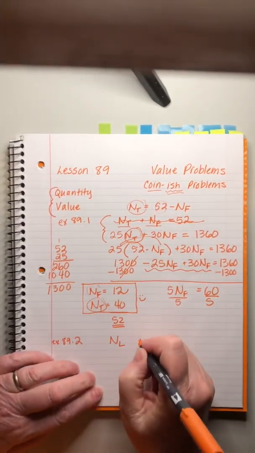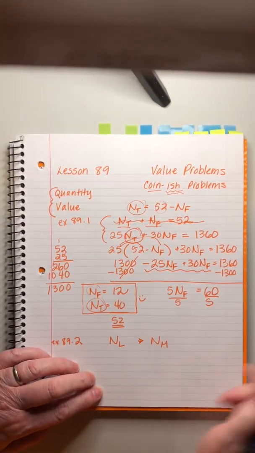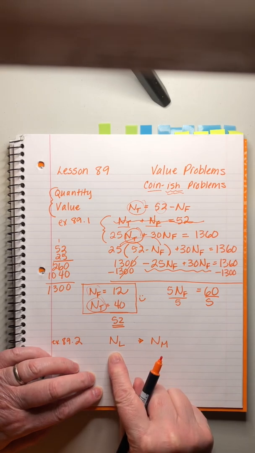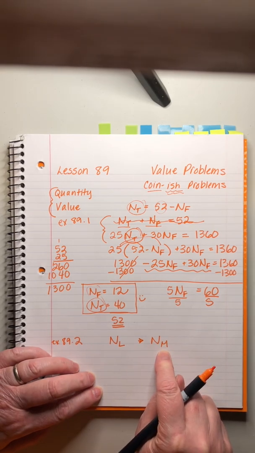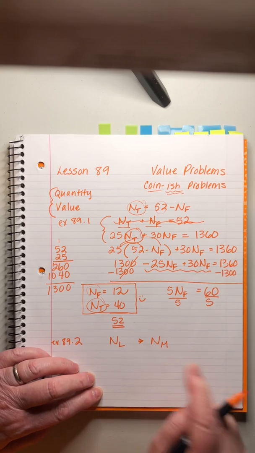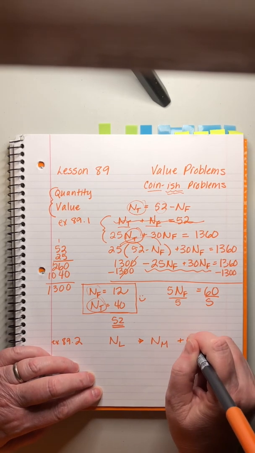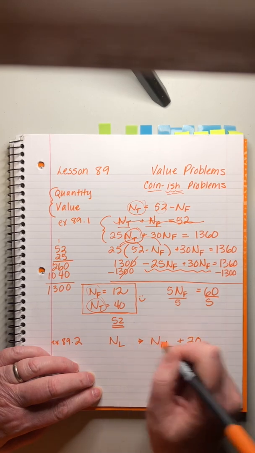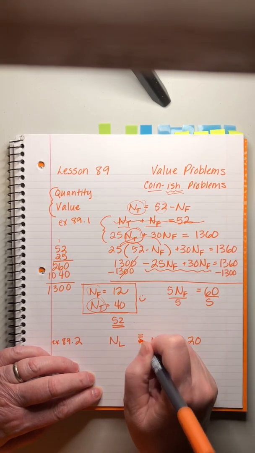So the number of less expensive dresses sold was greater than the number of more expensive dresses sold. The number that balances is 20. So I'm going to add 20 to this side, and now they're equal.